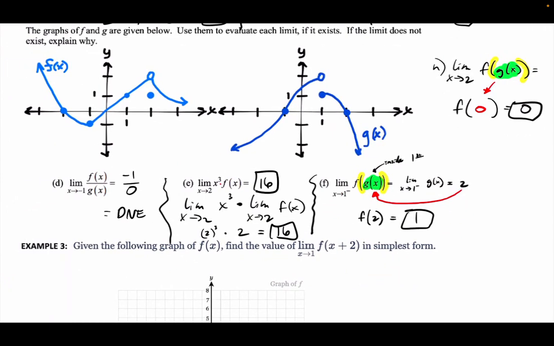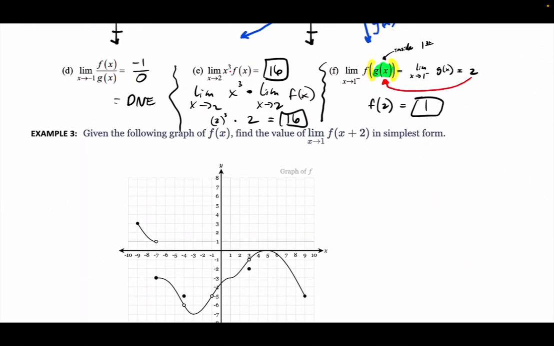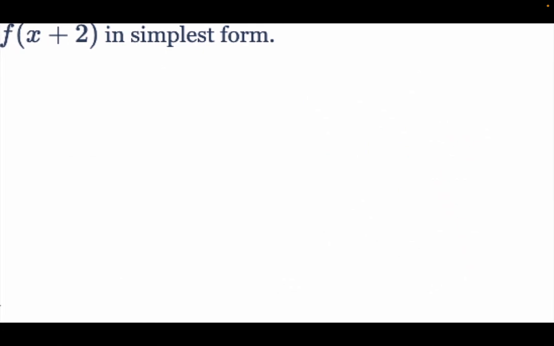Sometimes they'll do something like this. Watch, let me write it down somewhere. They'll do like g of x, the limit as x approaches, I don't know, 2 again.